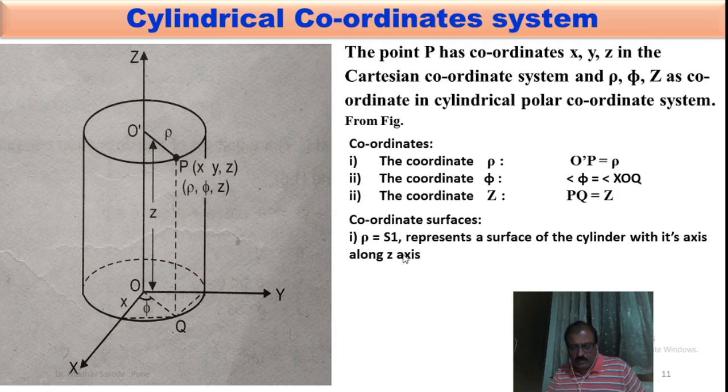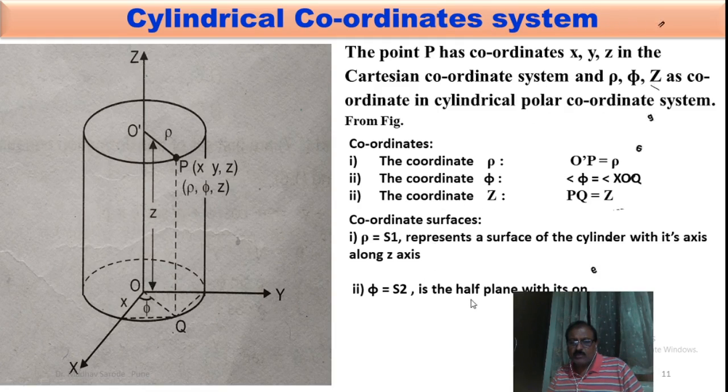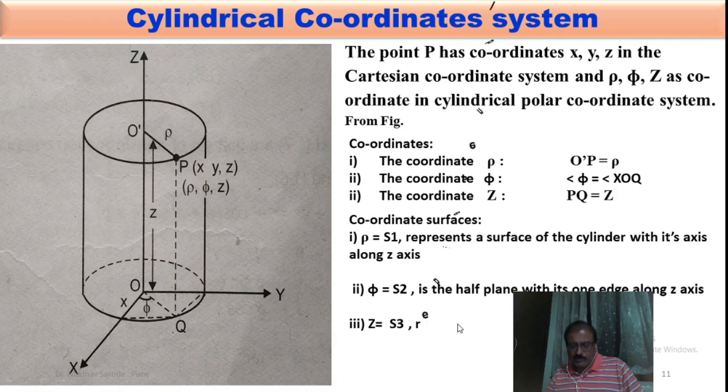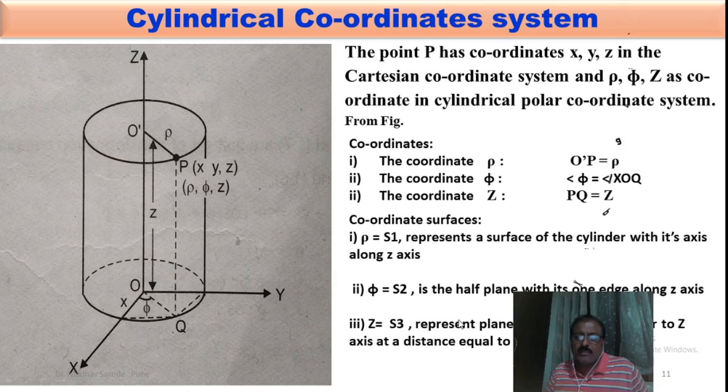So phi equal to S2 is the half plane with its edge along the Z axis. And the third one, Z equal to S3, is the third surface, and it represents a plane surface perpendicular to the Z axis at a distance equal to S3 from the XY plane.